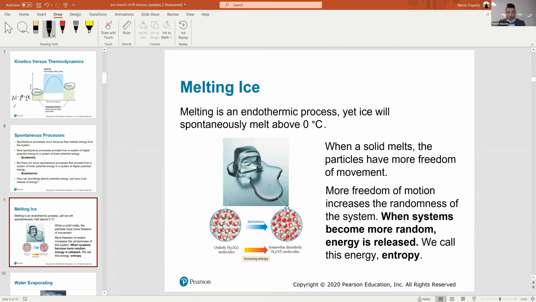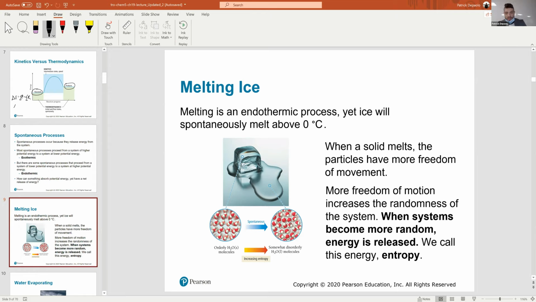So the movement of the water molecules, where before, if you look at these diagrams, ice is a crystal lattice here. But when you melt ice, it now becomes a disordered liquid, meaning there are more macrostates and microstates, basically meaning more positions. We'll learn about macro and microstates in a minute, but it basically means there's a lot of movement. So more movement, more entropy, more spontaneous. That's very basic, and that's a good thing to know.